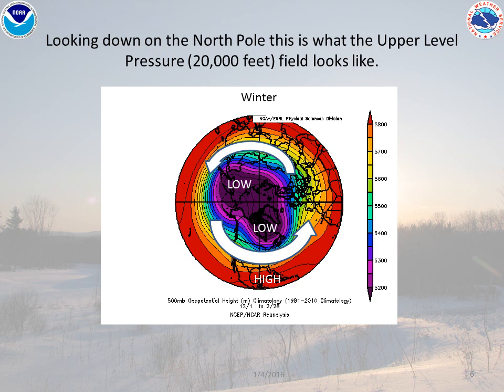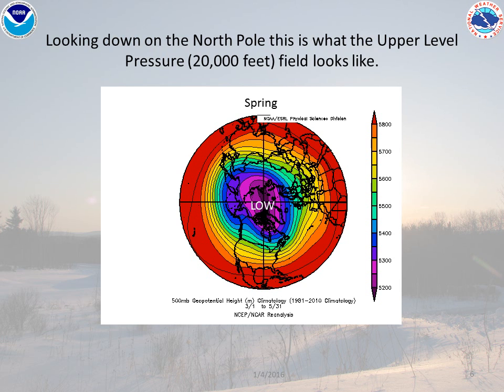So this is in the winter time, but let's look at springtime. Okay, spring, it starts to warm up. The sun angle increases in the northern hemisphere. The sun rises at the North Pole, and you start warming the polar regions, and it starts warming in the tropical or subtropical regions.